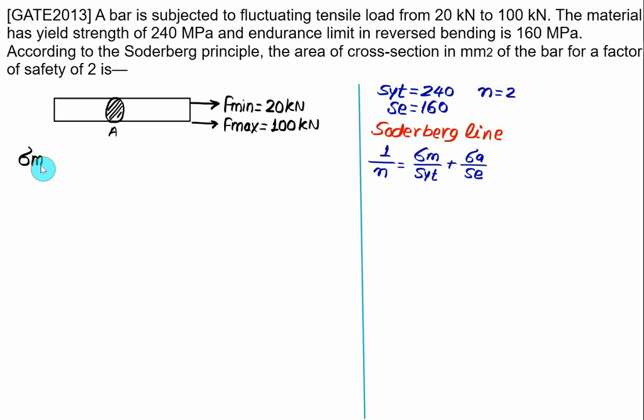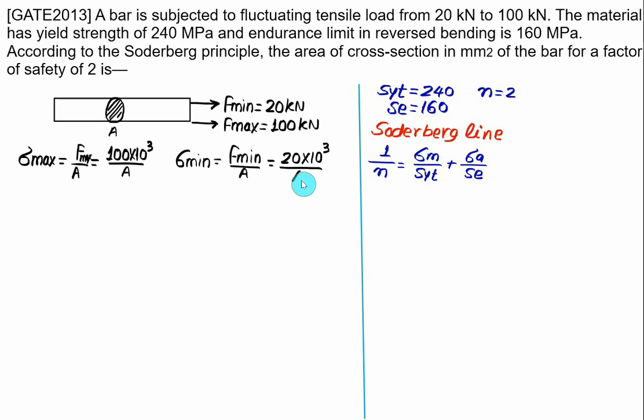Sigma max is force upon area, so we use the maximum force: 100 into 10 to the power 3 divided by area A. The minimum stress corresponds to the minimum force, F minimum divided by area, so the minimum stress is 20 into 10 to the power 3 divided by the same cross section area A.